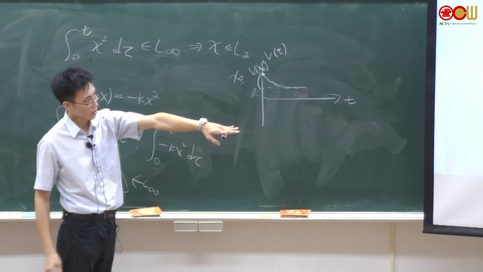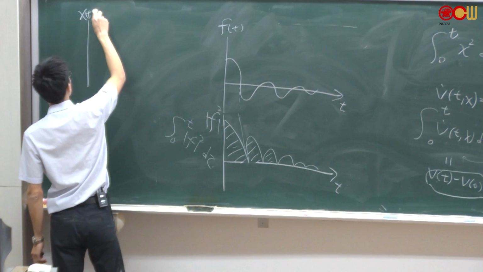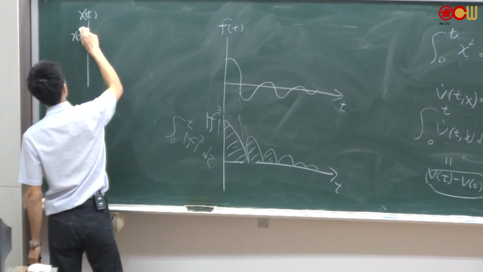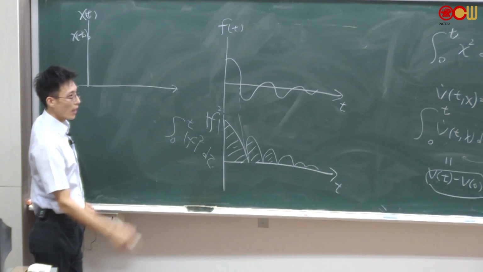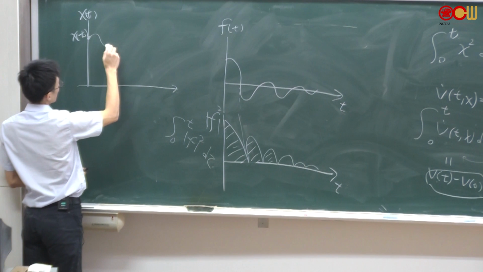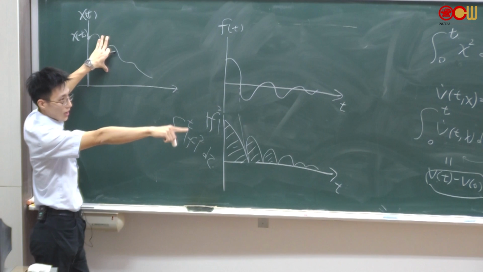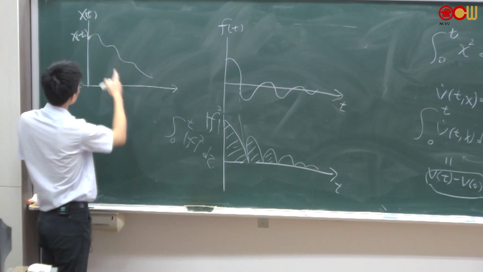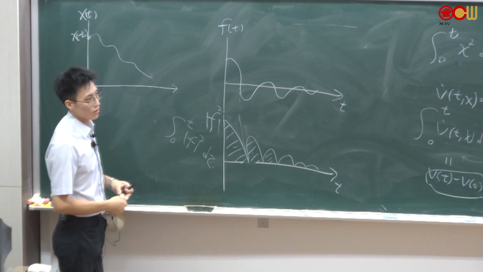Okay. Now you can use Barbalat's lemma. x is uniformly continuous, and x is L2. So x has to go to 0. If this is x of t, you start from x of t0. We know that x is bounded, bounded between maybe some value here. And x dot is bounded, so the slope of this curve cannot be infinity, right?